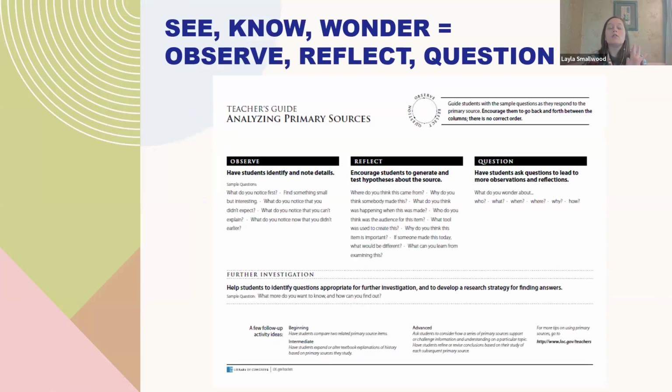But there are so many other ways to dig into this and align it to the History Day rubrics for each category, bulk up your research, and have those multiple perspective pieces and build student voice throughout as well.